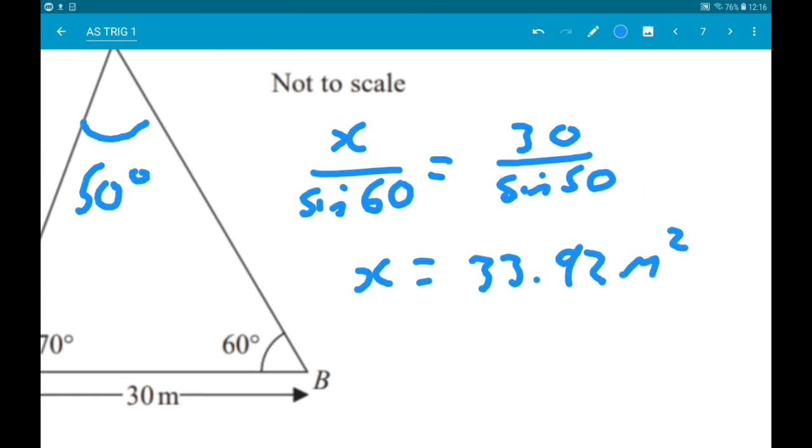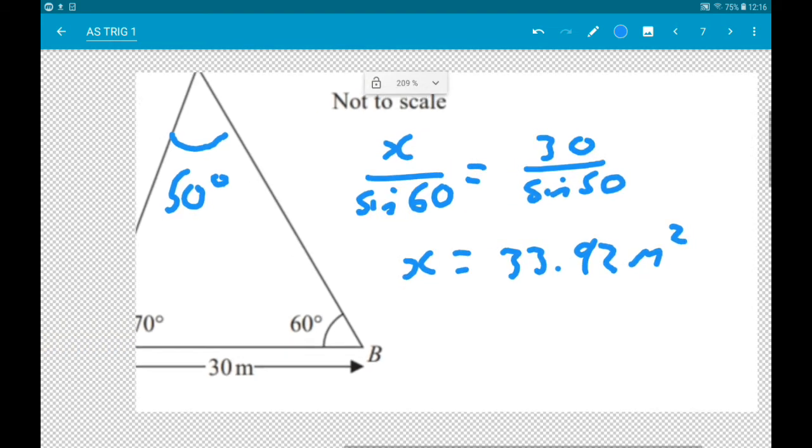So again the question wants the answer to 3 sig figs, so any workings before go one step further. So now we can find the area.